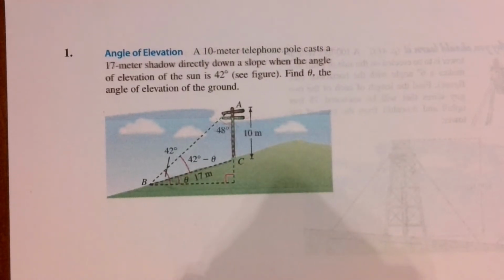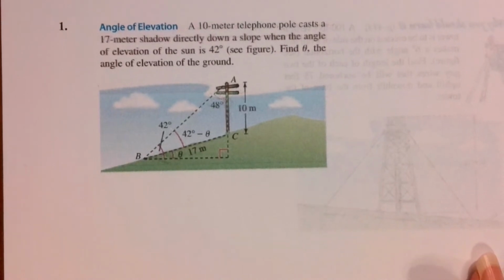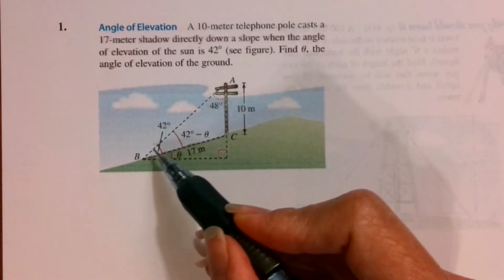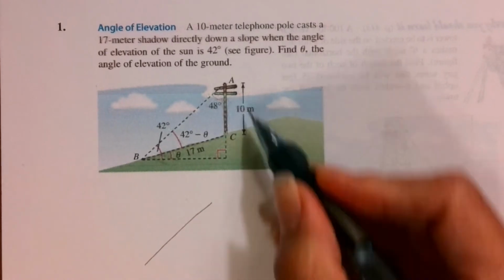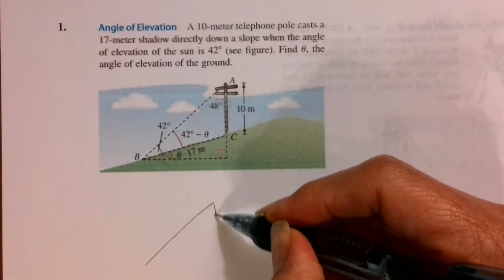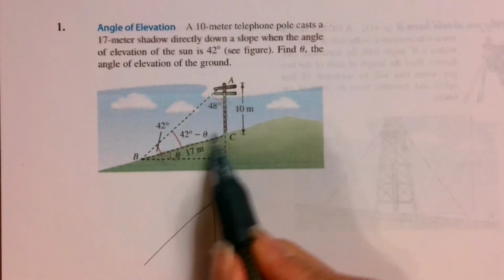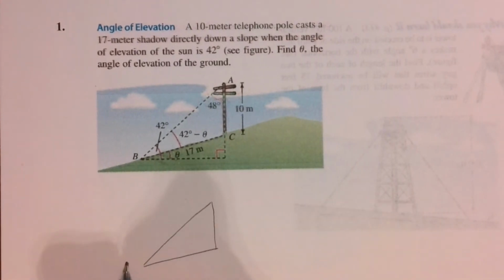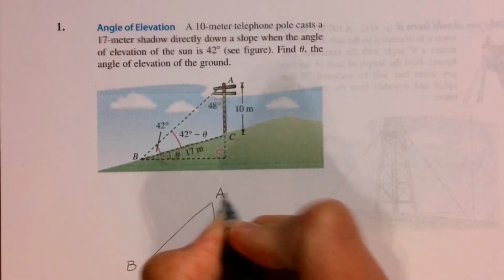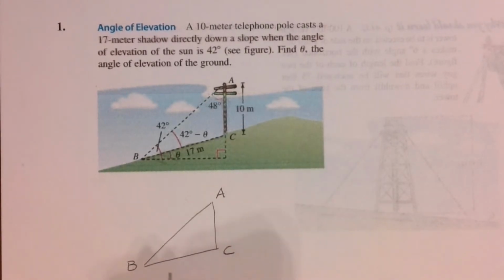I'm going to do my very best to provide a sketch of what you're seeing there. So I'm going to draw line segment AB, AC, and then BC. So we have angle B, angle A, angle C. And we know that we are looking for this piece right here.